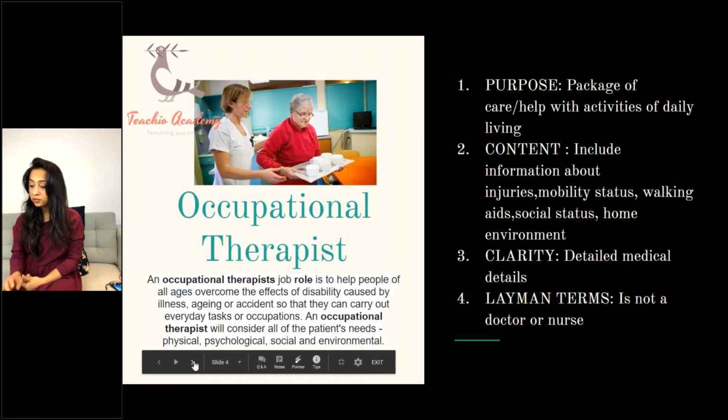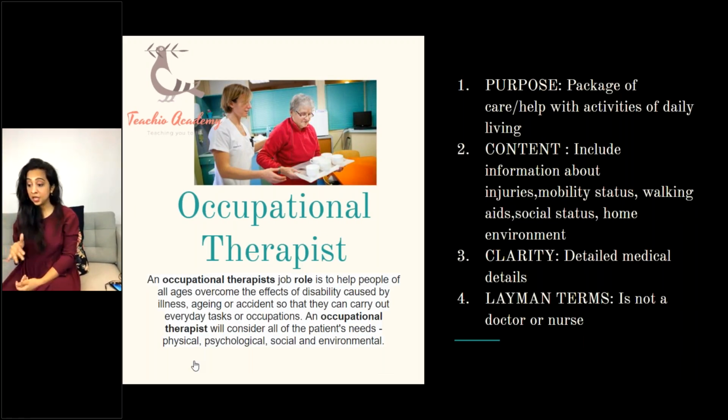Let me show you what the actual definition of occupational therapy is, as indicated by the Royal College of Occupational Therapy. It says that an occupational therapist's job role is to help people of all ages to overcome the effects of disability caused by illness, aging, and accident.